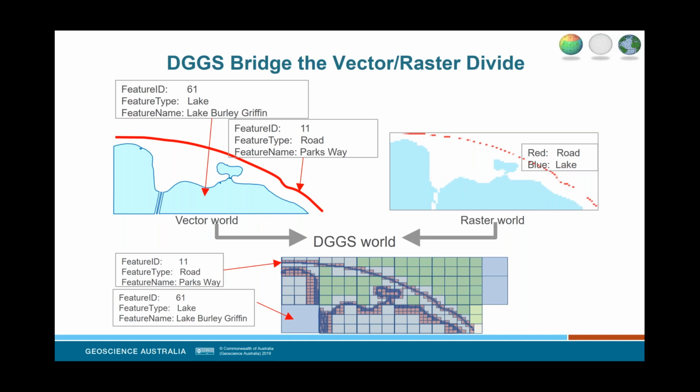So on the left-hand side here, we've got a vector data set, and we've got a bunch of polygons there, and we've got a polyline feature there, representing a road here and a lake here in Canberra. And one of the neat things that people have discovered and engineered in vector data sets is the ability to not just record I'm drawing a feature that connects point A to point B, but we're able to store many extra parameters or attributes to that data, this sort of rich set of features.